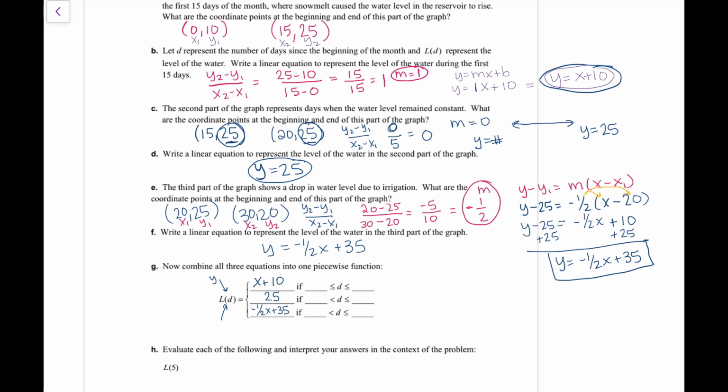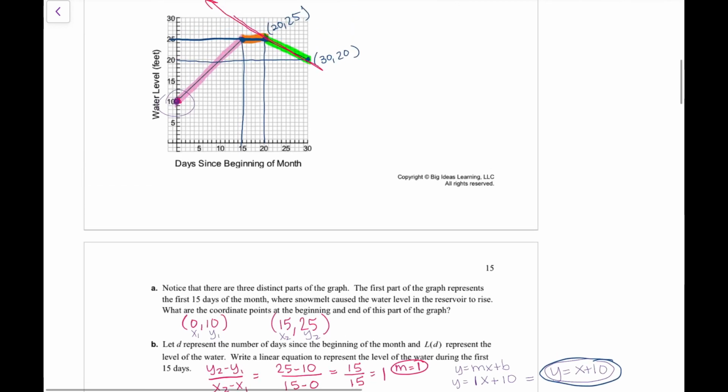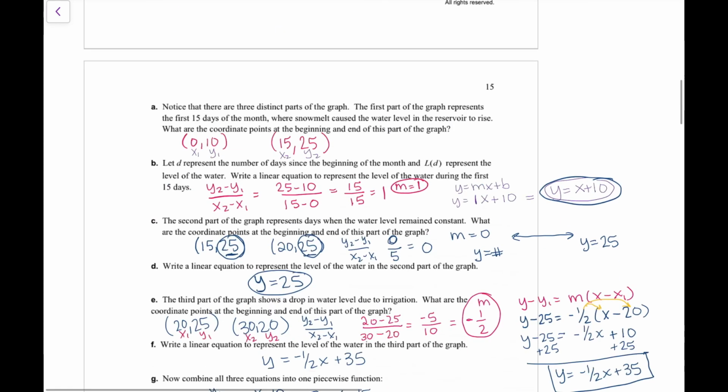We want to find our D. D is how many days. So from day 0 to 15, it was the equation x plus 10. And if we're looking at the graph between days 15 and 20, we are constant at 25.